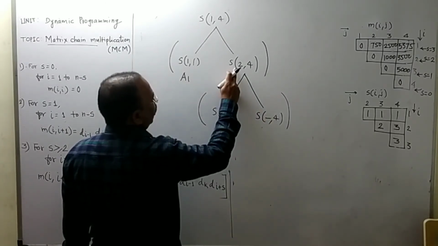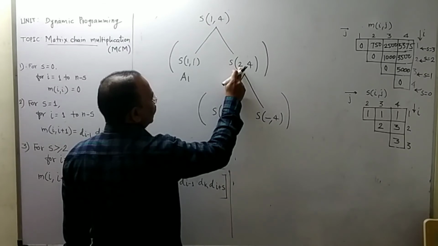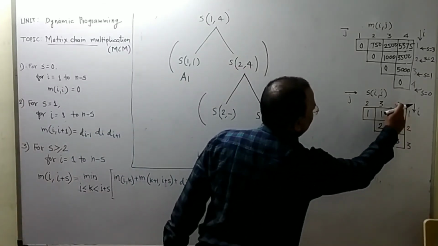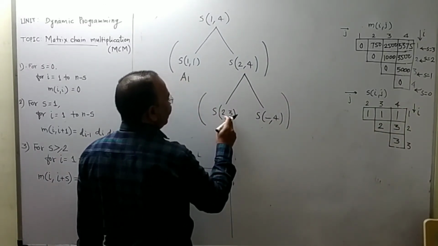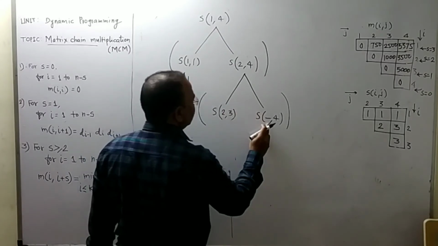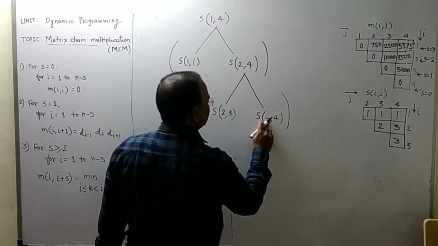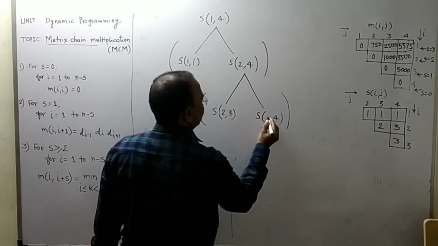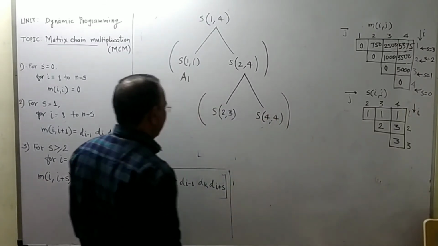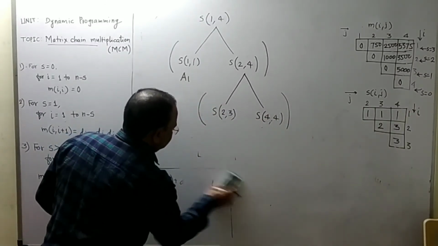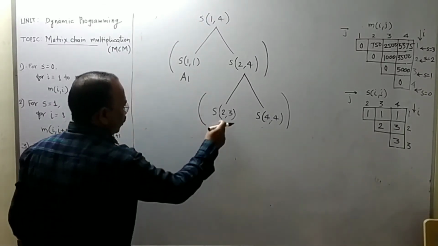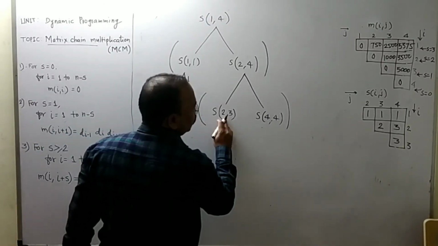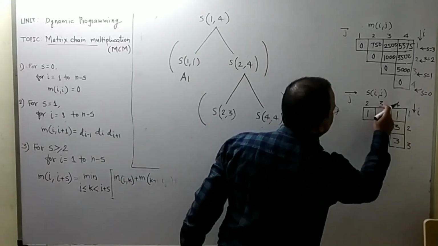For that we have to find out the value at this cell in S table. 2 4 value is 3, so write here 3 and add 1 to this 3 to get the value for this position. So 3 plus 1 means 4. Now you can grow the tree this side, because the 2 3 cell is there.